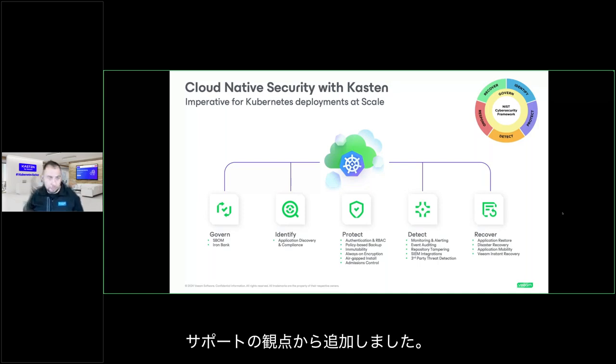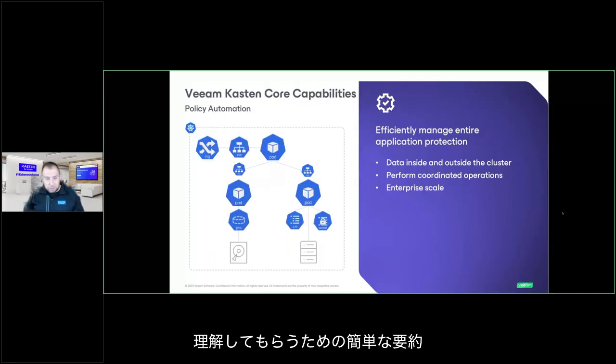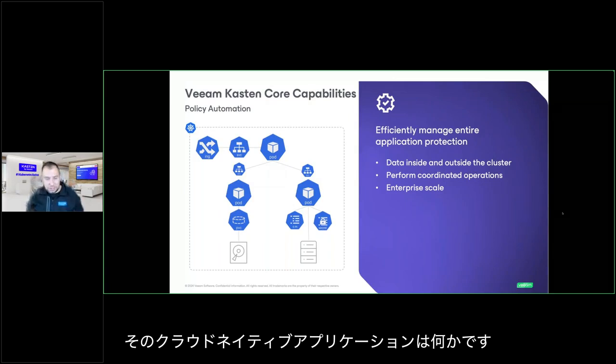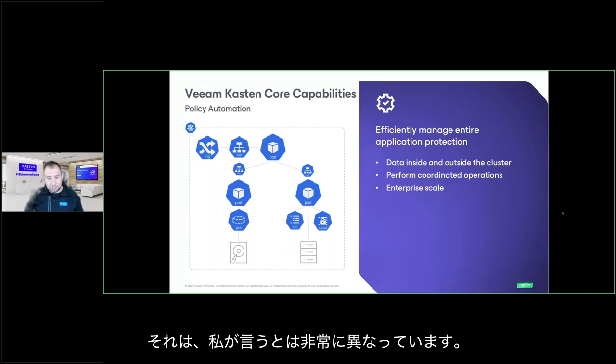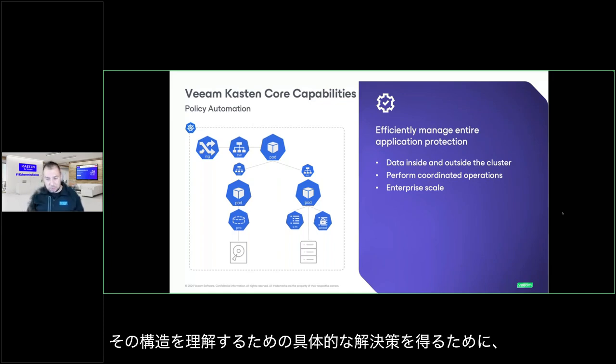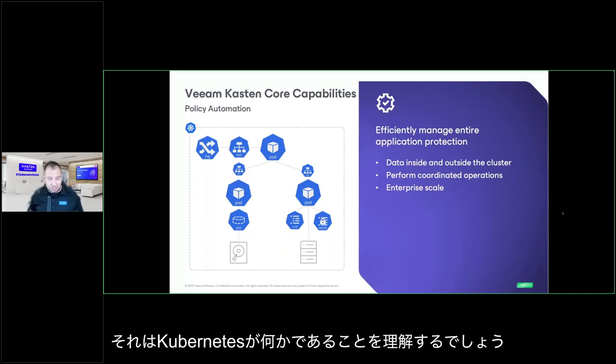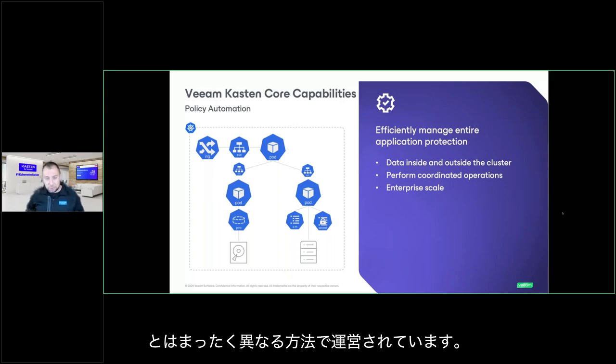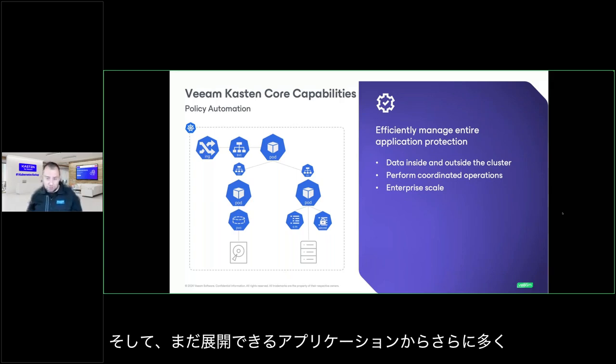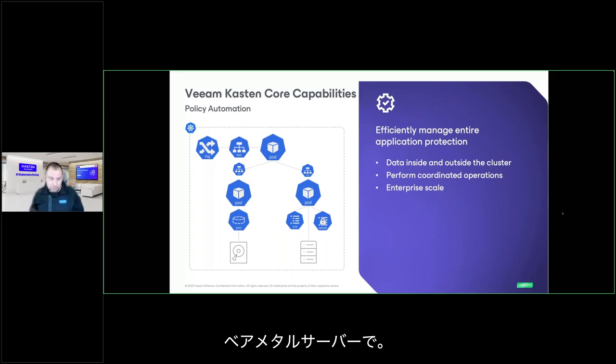Just a quick recap to help you understand, if you are not familiar with Kubernetes, that a cloud native application is very different from a virtual machine or bare metal server. So you need a specific solution that will understand that construct, that will understand that Kubernetes is operated in a very different way than a regular virtualization platform, and even more so than applications that could still be deployed on bare metal servers.